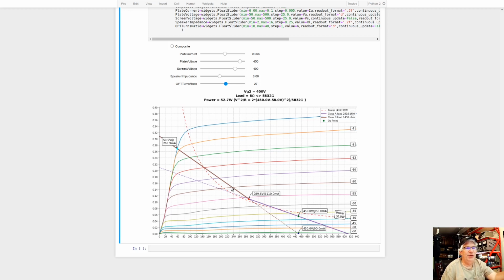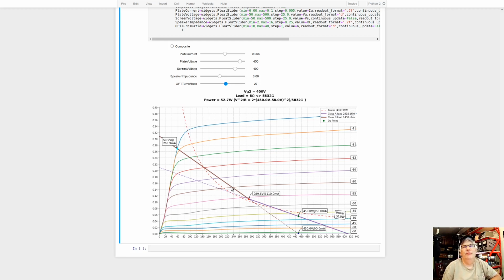So when you're in class B, if you're doing push-pull, you can exceed the power dissipation curve because you're only exceeding the power dissipation on half of the waveform. The other half of the waveform, the tube is off. So you're effectively having less power going to the plate, which is going to lower how much heat it actually generates. So in class B, you can clearly exceed the power dissipation and not be concerned about blowing out your tube.